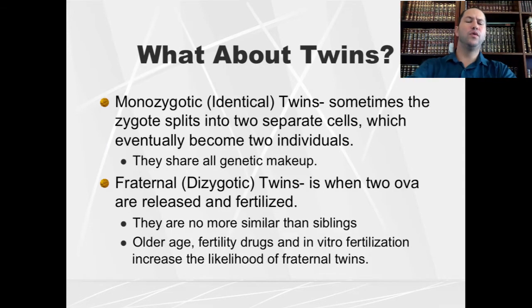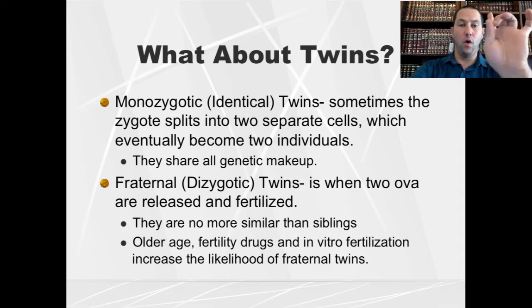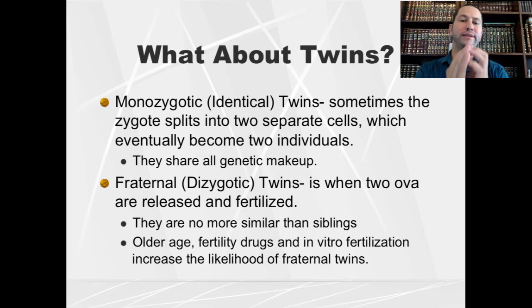Okay, so twins, are they identical or are they fraternal? Well, that depends whether or not the ovary released one egg or two eggs. If the ovary released one egg, mono, one, zygotic. So what happens is one egg and one sperm fuse together, but how do you get twins this way?